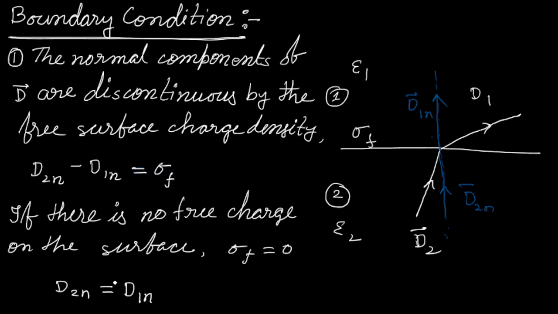That is, the normal component of the displacement vector will be continuous only when there is no free charge, and if there is free charge, then these two components will be discontinuous from each other by the surface charge density.